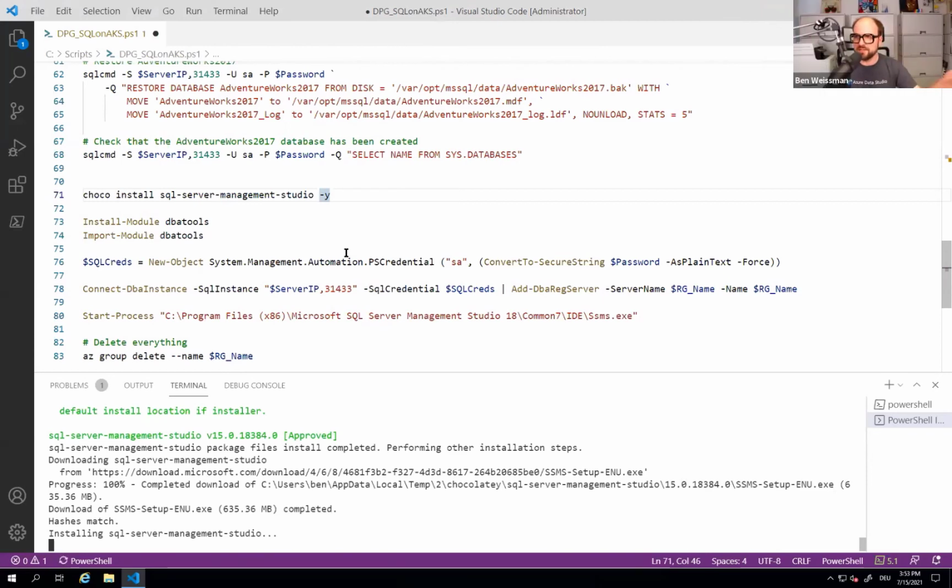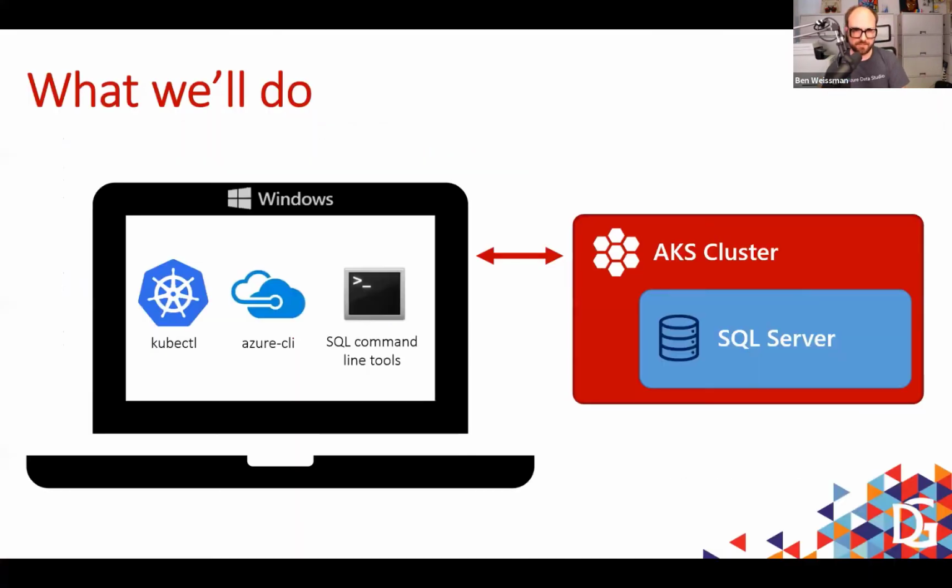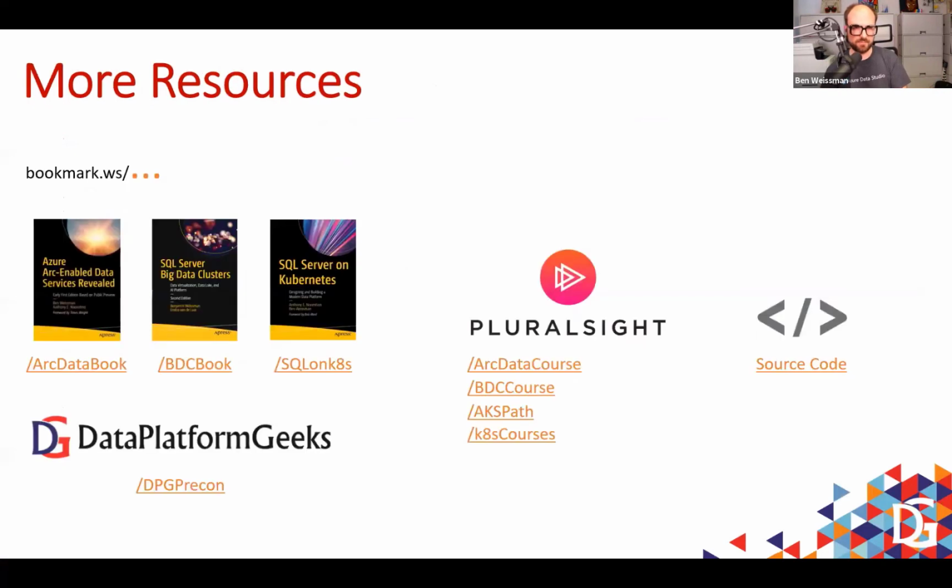Okay. While this is installing, well, we may or may not get back to that. But I want to make sure you all have the resources on this. So all of these URLs you see here, they start with bookmark.ws/ and then something. As pointed out by Anthony before, we wrote a book or two about all this.